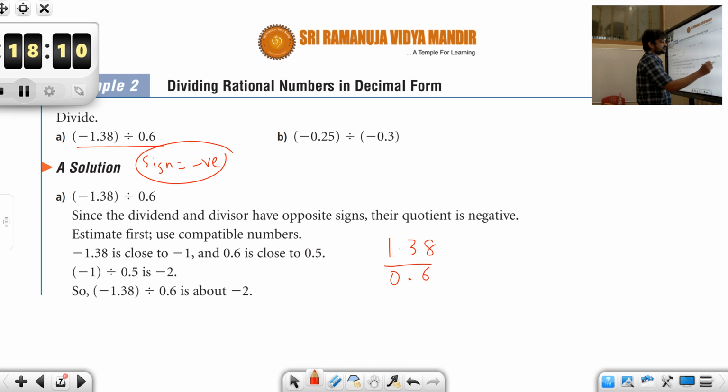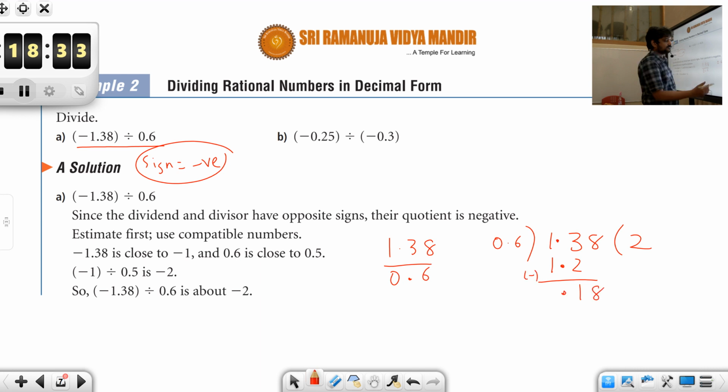0.6 twos are 1.2, and then if you take the difference, you will be getting 0.1, and then 8 will come down, making 0.18. Now can you tell me what you will be doing next? 3s are. What is 0.6 threes? It will be 1.8. 18 would get cancelled, and you will be left with 0.